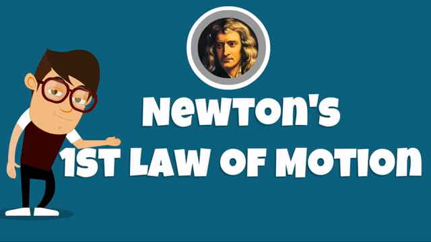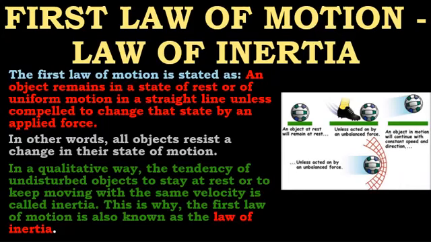Next we'll get into the laws of motion. The first law of motion is also called the law of inertia. The law of inertia states that an object will remain in its state of rest or uniform motion in a straight line unless compelled to change that state by an applied force.